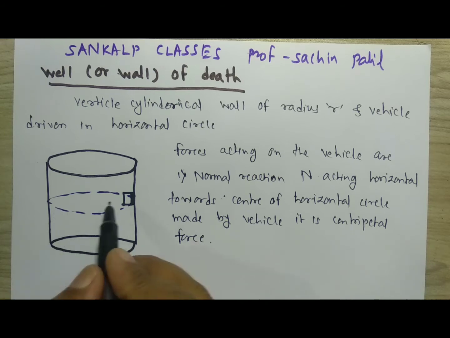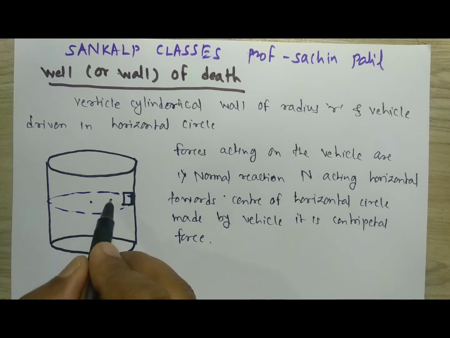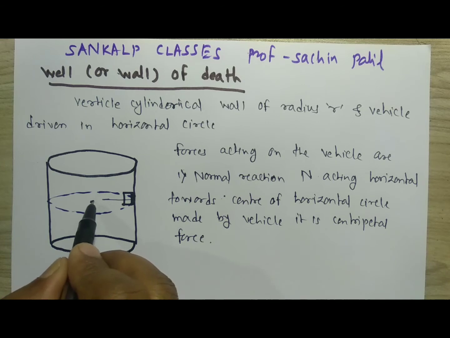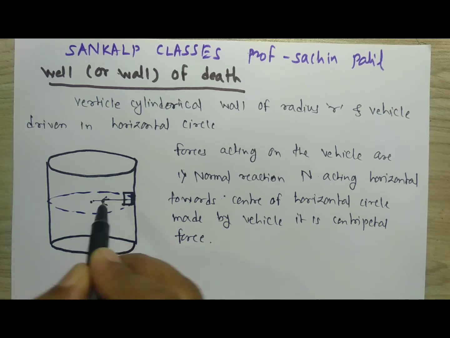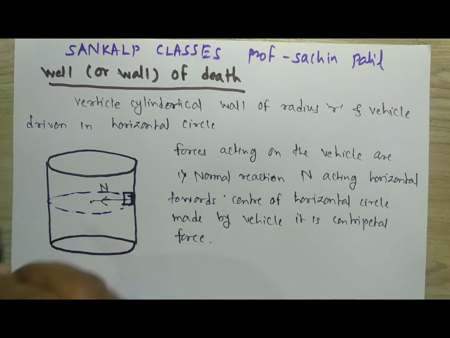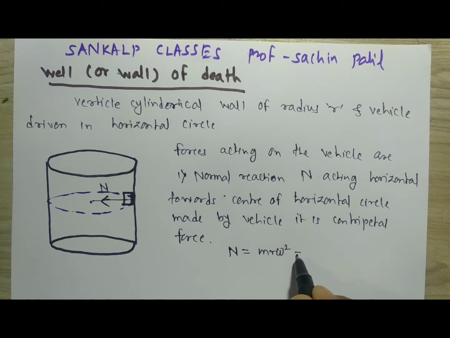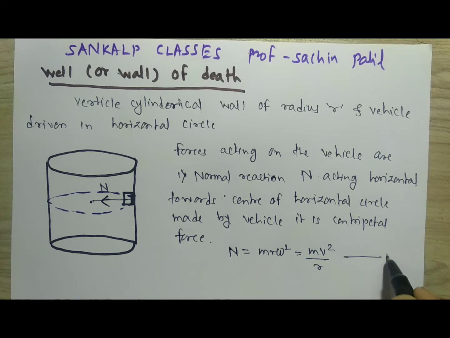This normal reaction acts toward the center and provides the necessary centripetal force. Therefore, normal reaction N is equal to m r omega square, or m v square divided by r. This is equation 1.